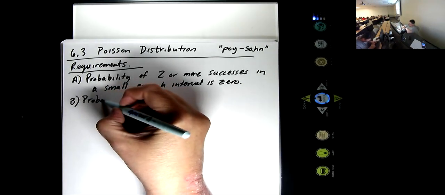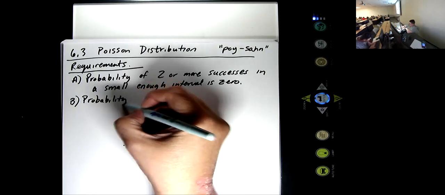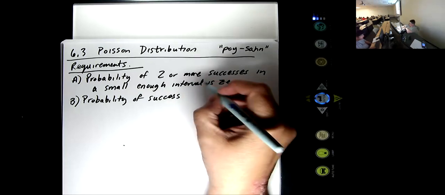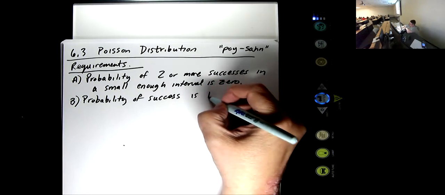Probability of success is the same for any 2 intervals of equal length.